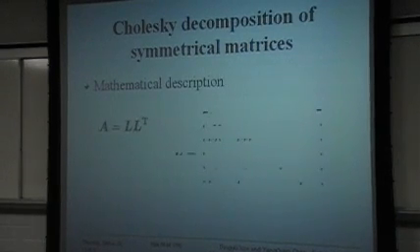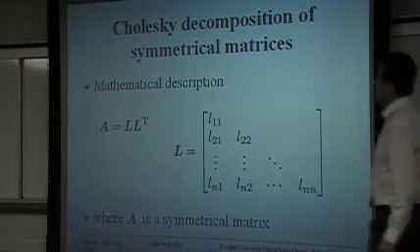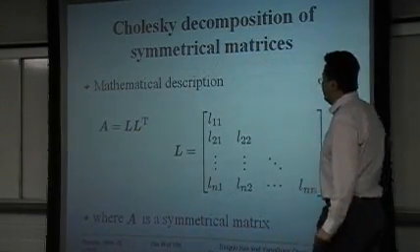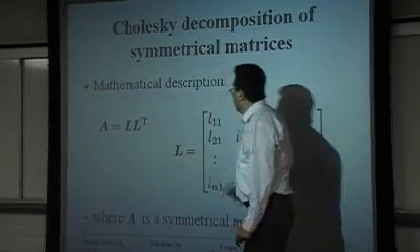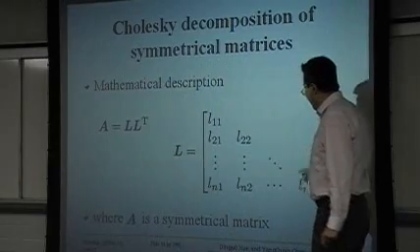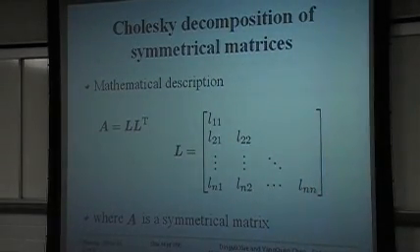As a special case, if matrix A is a symmetrical matrix, then we can decompose the original matrix into two matrices, L and the transpose of L, where the form of L is something like this. It's a lower triangular matrix.